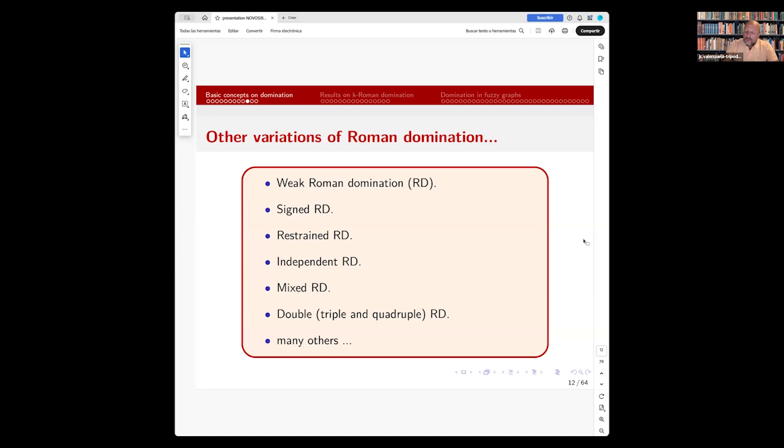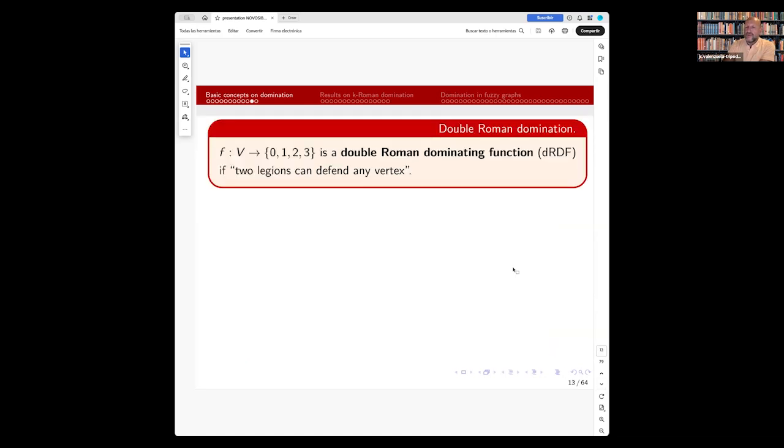We can enumerate some of them, such as the weak Roman domination, signed, restrained, independent, and so on. And maybe the one that I would like to tell you about today is related to the double, triple, or quadruple Roman domination, which we have generalized to the k-Roman domination problem.